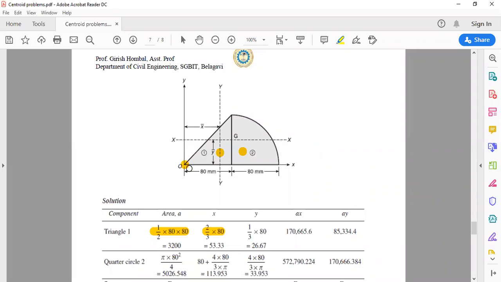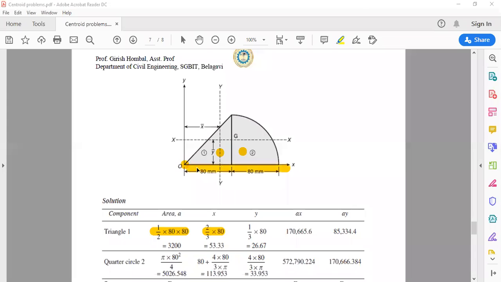Now next I want the y bar of triangle. So y bar is measured from x-axis. So the distance of this centroid or CG from x-axis is 1/3 of height. Why 1/3? Because we are measuring it from the base.